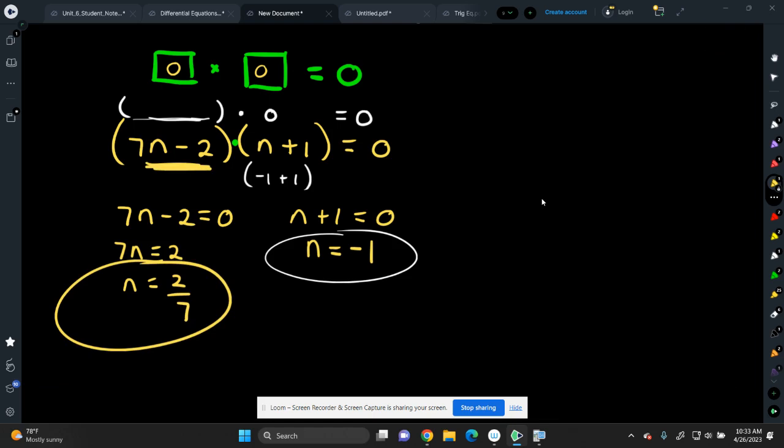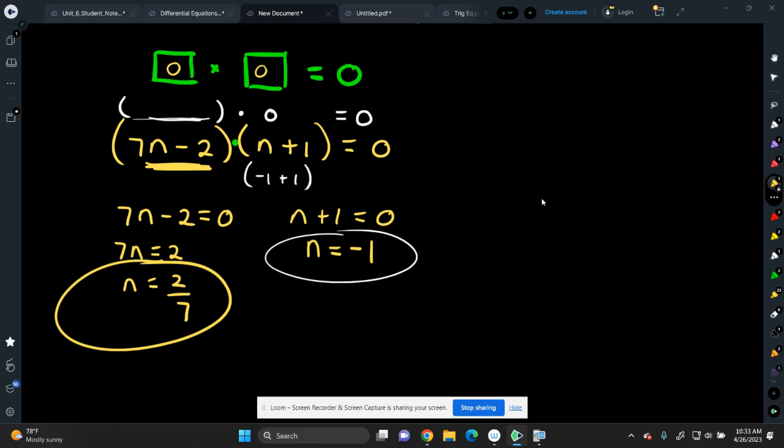Yes? I'm confused why you would put it as a fraction. When I solve it, I have to divide by 7 on both sides. So 2 divided by 7 is 2 over 7. Okay? It's okay to get fractions as an answer, and it's okay to get negative numbers. It's even okay to get 0 as an answer. Decimals is okay as long as it's something that's terminated.